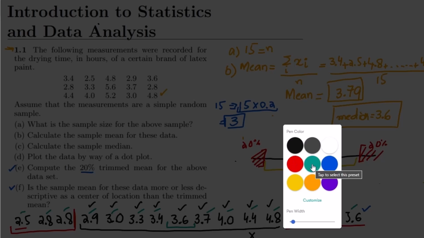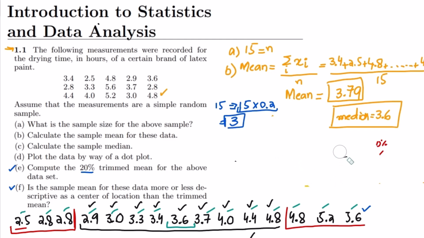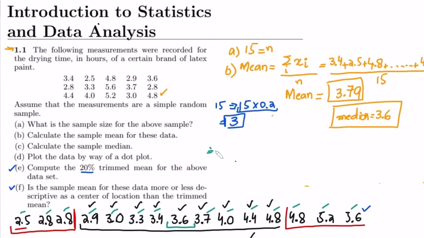Let me choose this color for it. Now let me calculate the trimmed mean here. Mean trimmed, that is 20%, and it will be what?